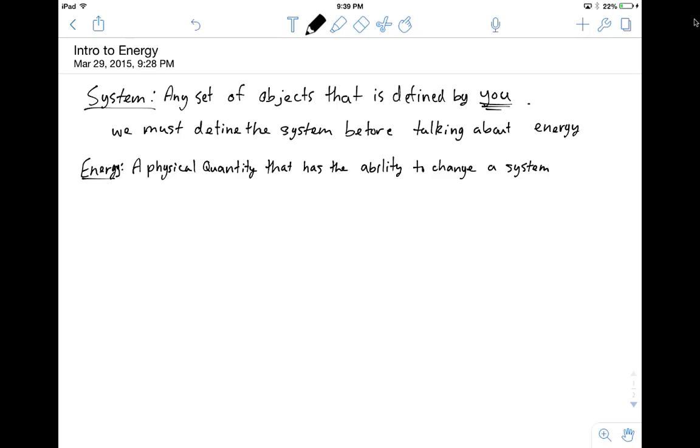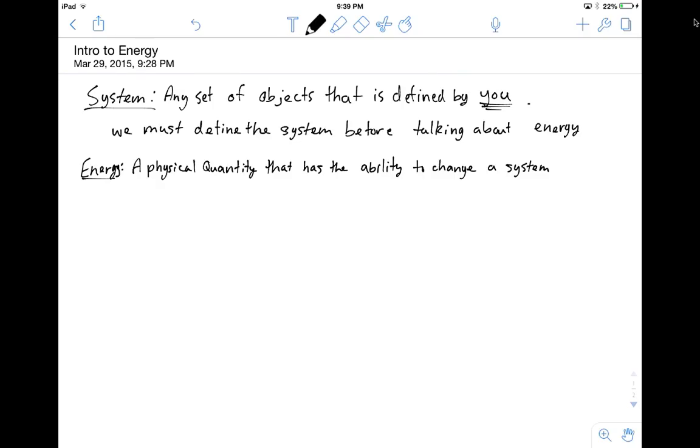A physical quantity that has the ability to change a system. Energy is something that can make a change. Now it's weird because we can't necessarily touch energy. It's not a thing we can hold, but it is a thing that we can measure, and we know how much there is.